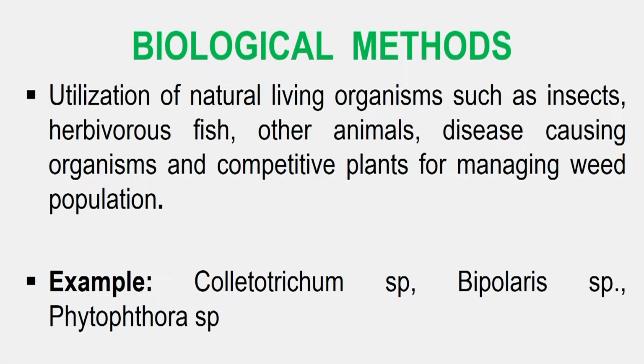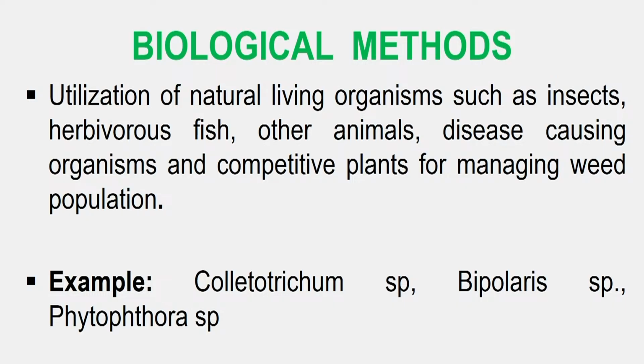Now next comes the biological method. Here we can utilize various types of natural living organisms such as insects, herbivorous fish as well as other animals and diseases, and these organisms can compete with weed plants and they can save our desirable crop plant, and as a result we use the biological method.